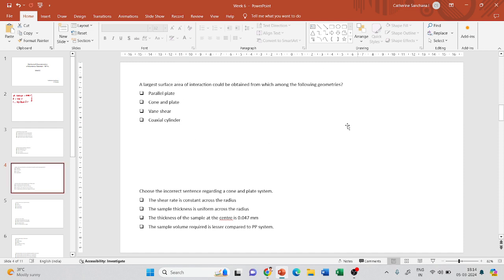So this question is on dynamic shear rheometer. A largest surface area of interaction could be obtained from which among the following geometries? Before we understand the question itself, let us first talk some theory related to a dynamic shear rheometer.